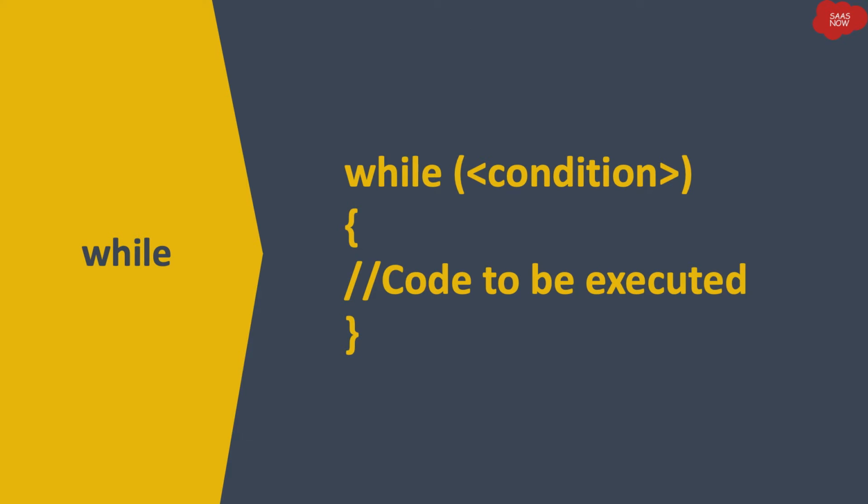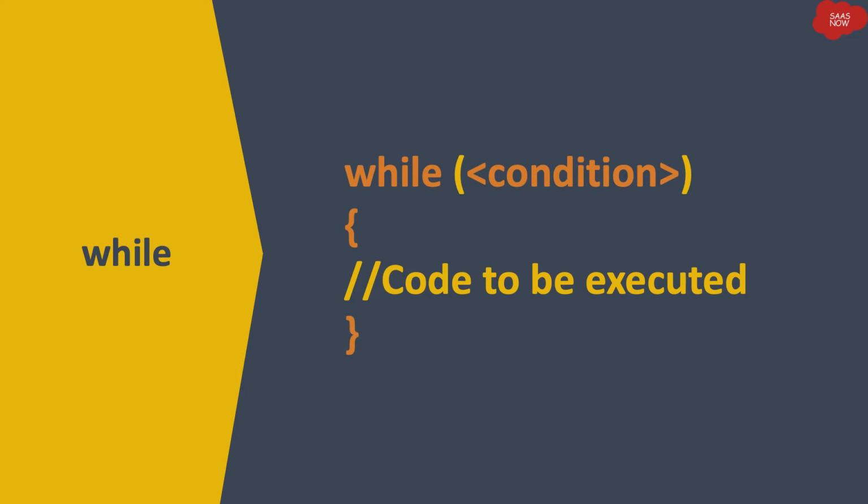While loop runs as long as the condition is true. So the syntax of while loop is you use the while keyword, that's a reserved word. You can see here, we have the while keyword first, and then you put any condition in brackets. Basically that condition has to be true in order to run the loop.